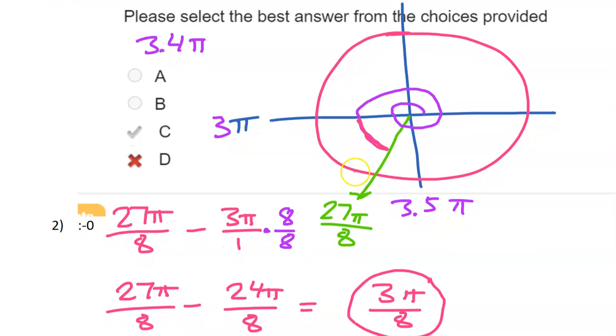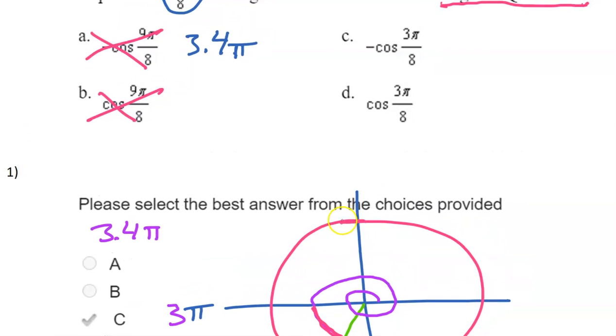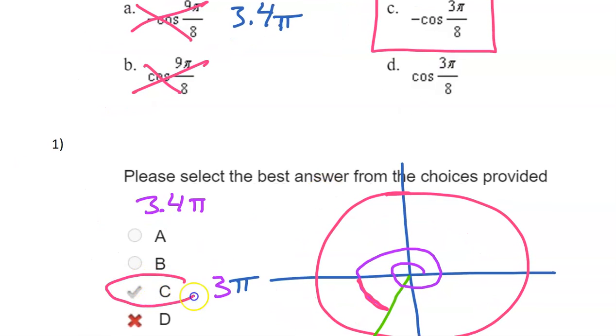And that's just a matter of whether or not cosine is positive or negative in the third quadrant here. Well, cosine is an x value, and x values are negative to the left, so cosine should be negative. So that's why we're going to go with option C. All right, and that's why the answer is C.